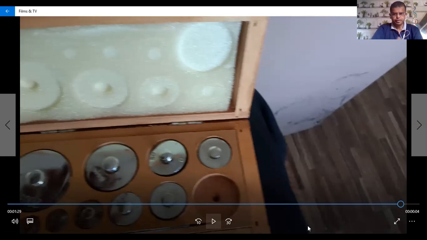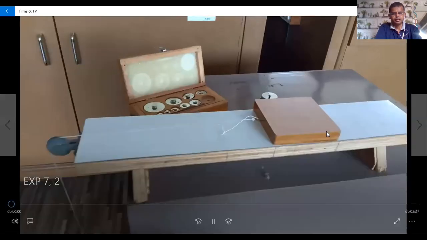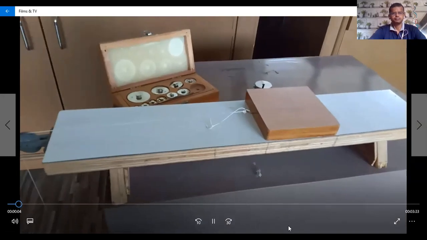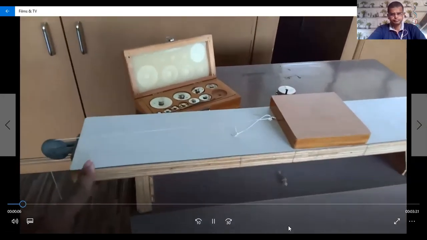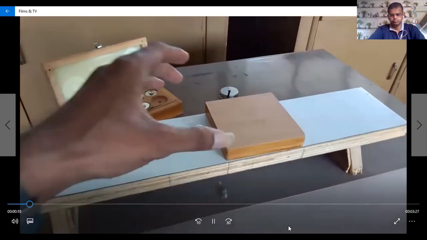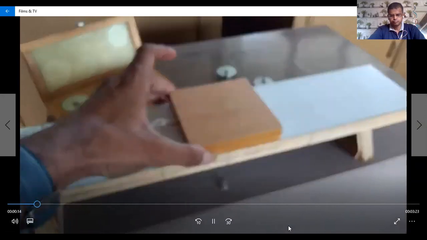Now in the next step, we show the live practical. So now we start our practical. First, how to arrange: we put one plane surface on the table. Then we put one wooden block on the surface.